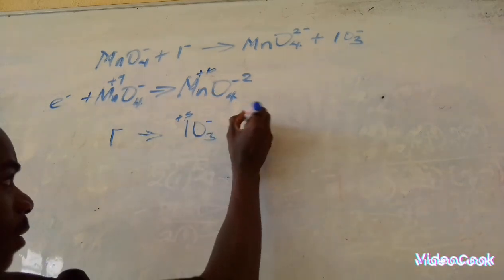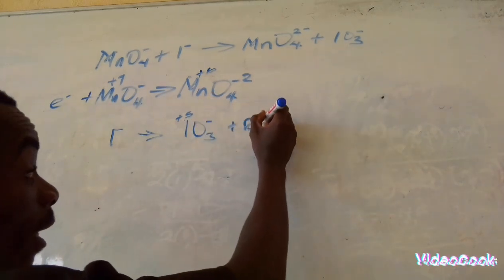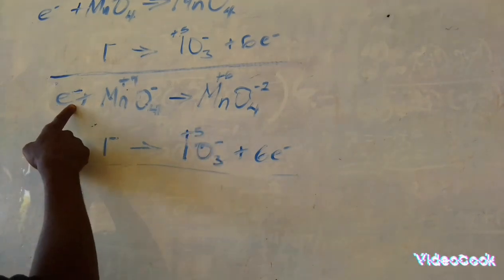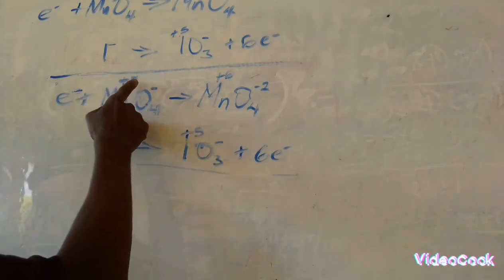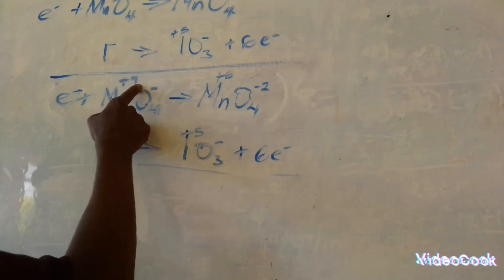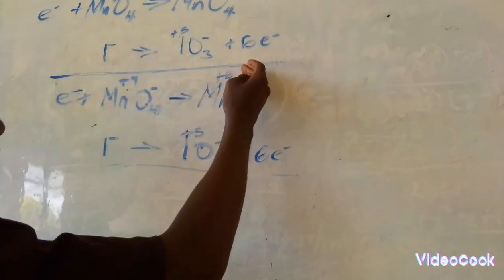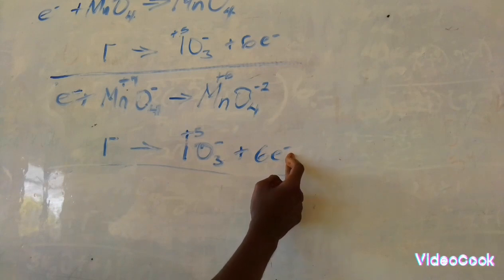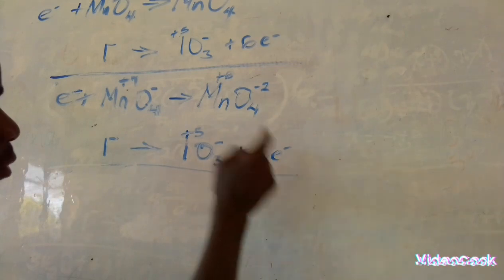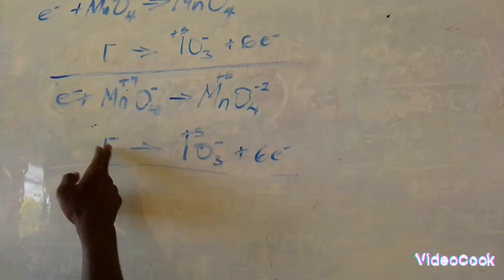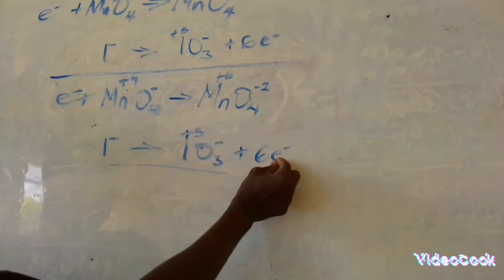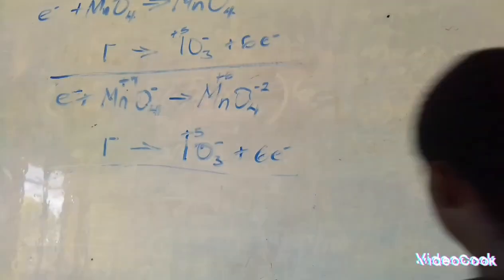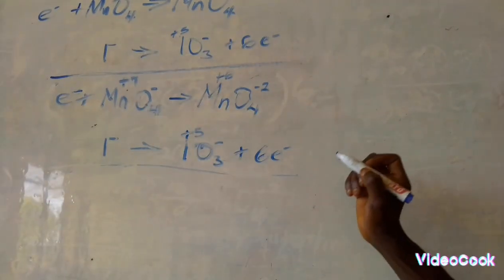We want to add 6 electrons. Let's check this. We have 7 here, we subtract 1 from it, we have 6. So we have 6 here. We have 5 here, we subtract 6 from it, and we are left with negative 1 and then negative 1. But now, are the electrons balanced? No, we have to check it out all the time.